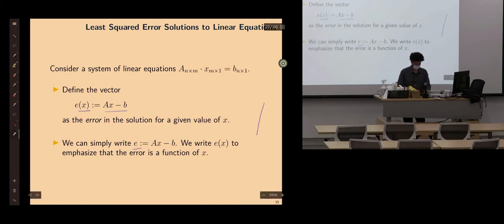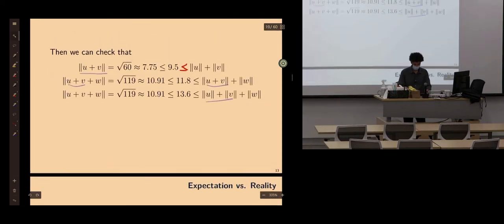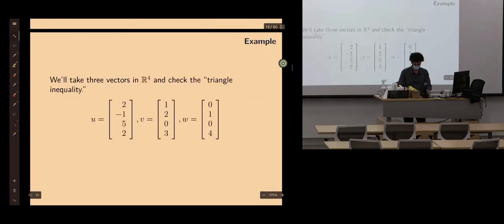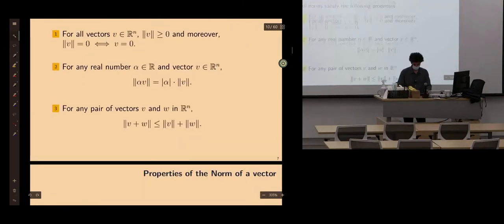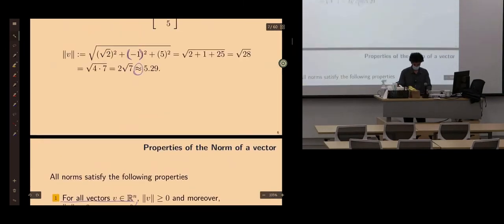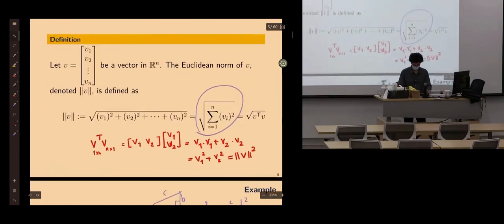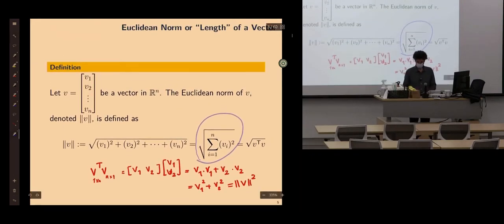And based on our discussion on norm, we know that V transpose V is, in fact, the norm of V squared, which is the same thing you see here.